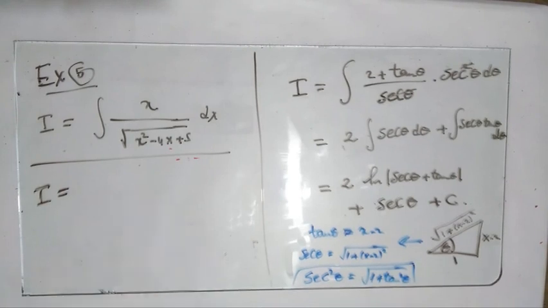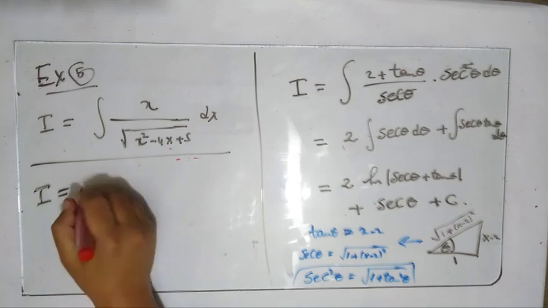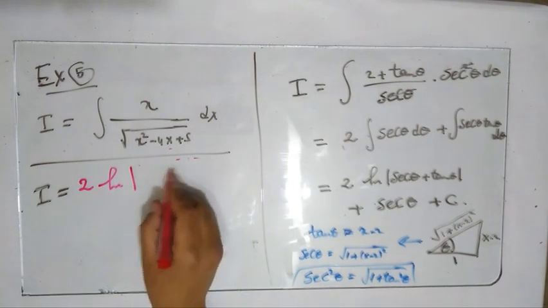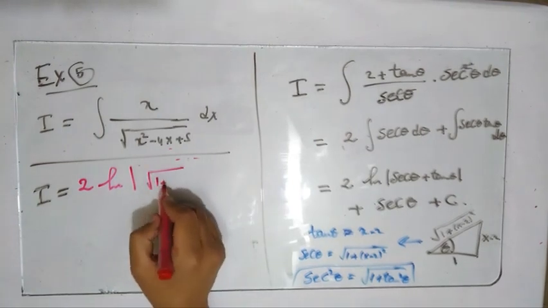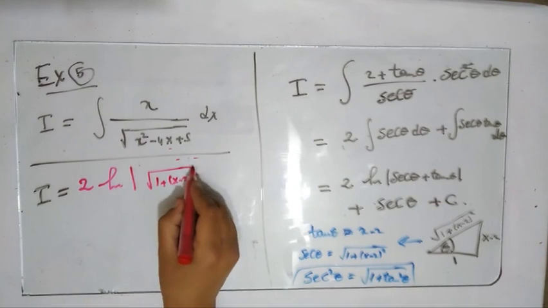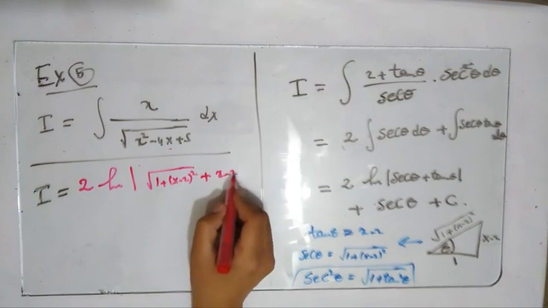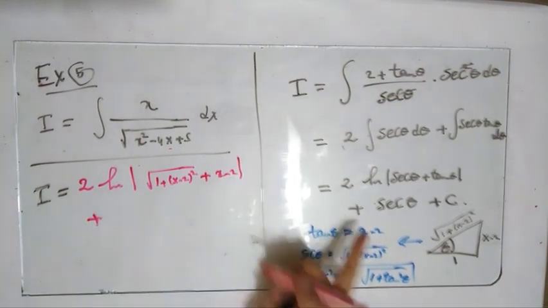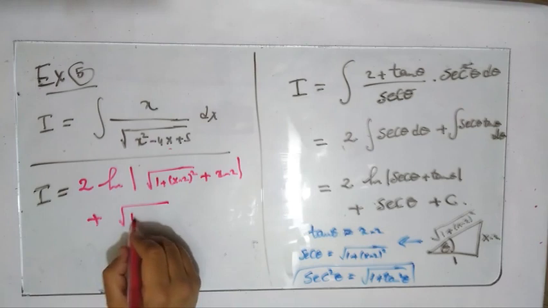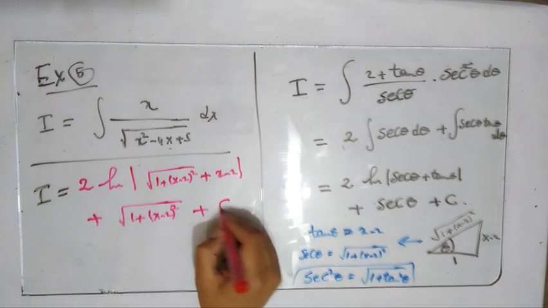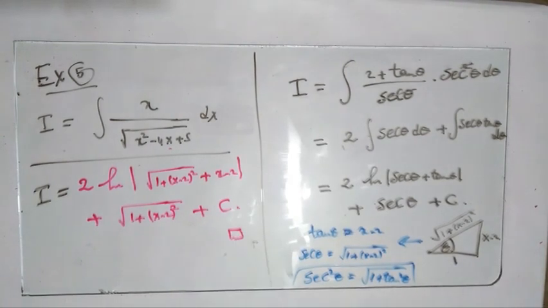So our integral I will be 2 times ln of sec theta, which is the square root of 1 plus (x minus 2) squared, plus tan theta, which is x minus 2, and then plus sec theta, which is the square root of 1 plus (x minus 2) squared, plus c.